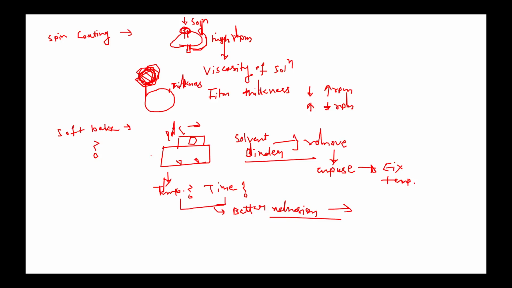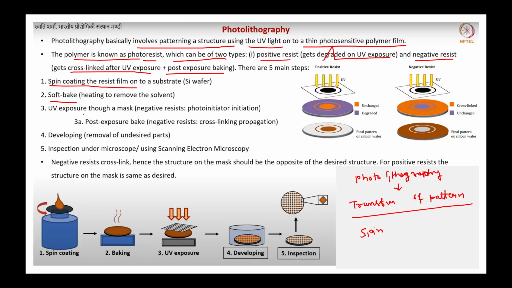Got it? This is a very important step in each and every lithography. These are some points that I am telling you in detail that could be very important for you if you will be using this.